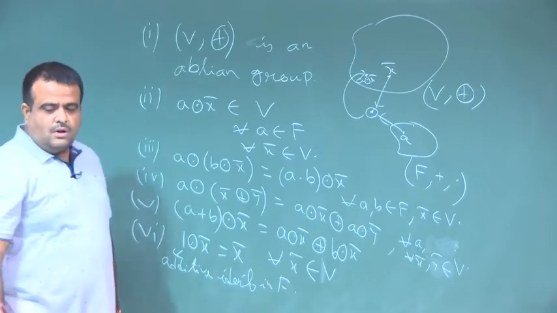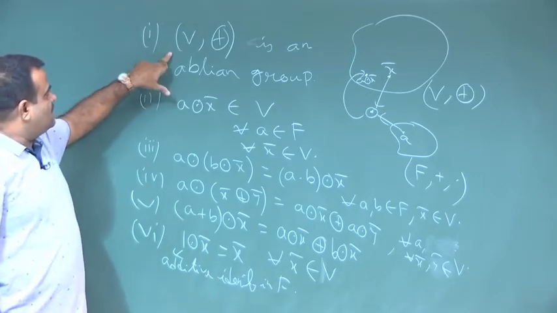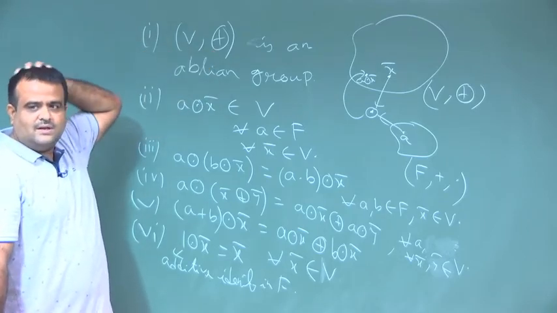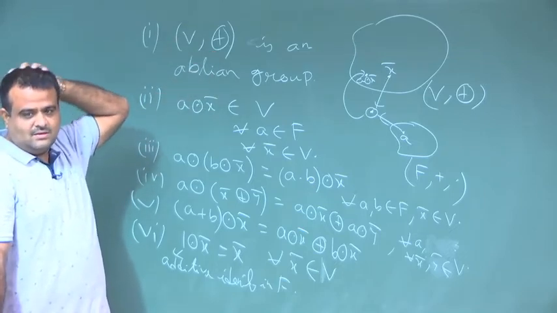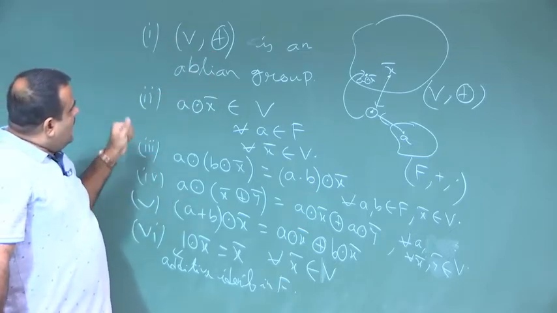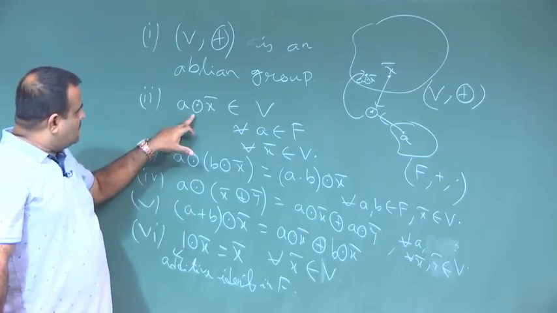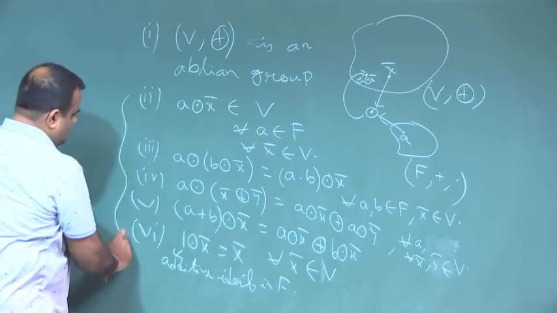So, if all these properties are satisfied, V has to be an abelian group with this binary operation plus, which is called vector addition. And then on the scalar multiplication, we should have these properties.